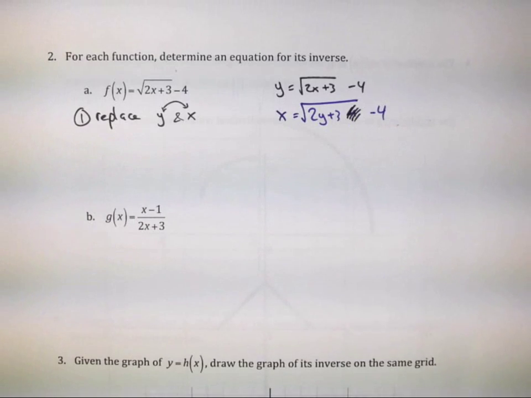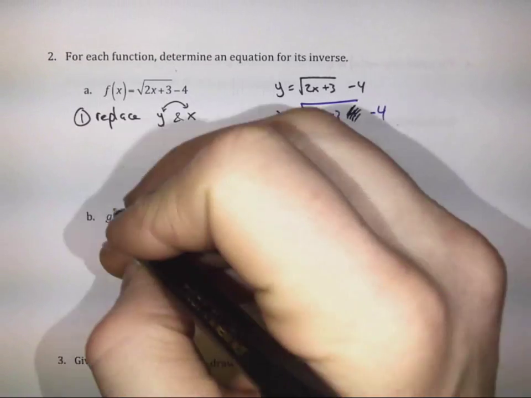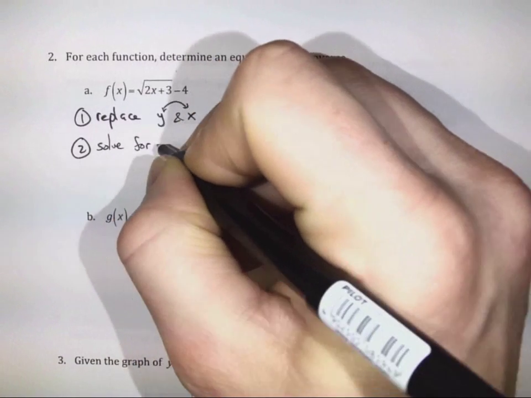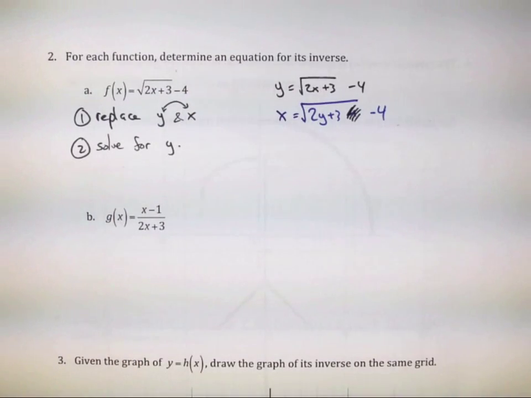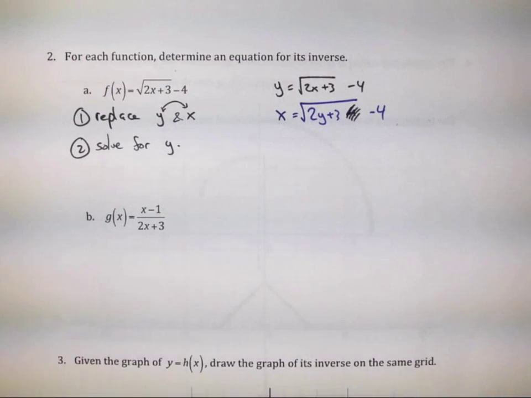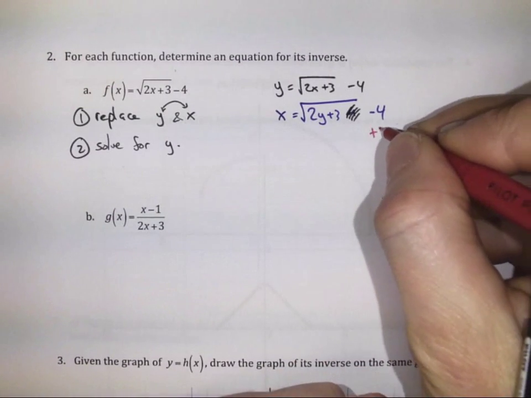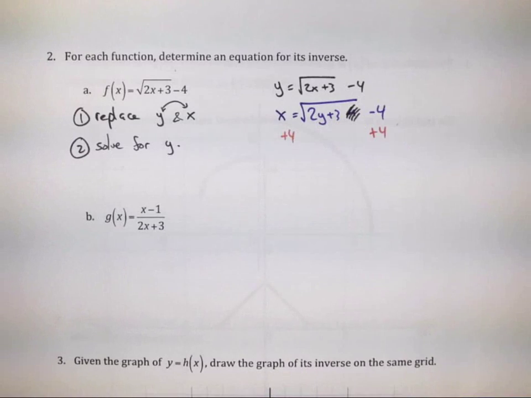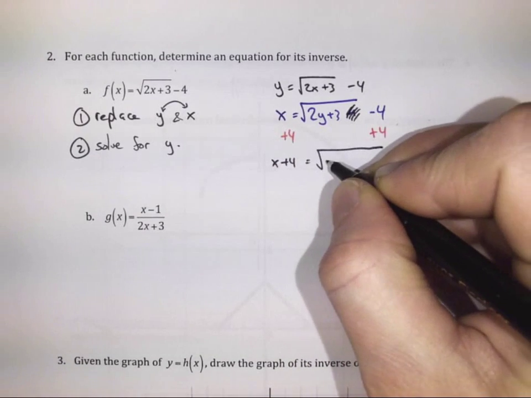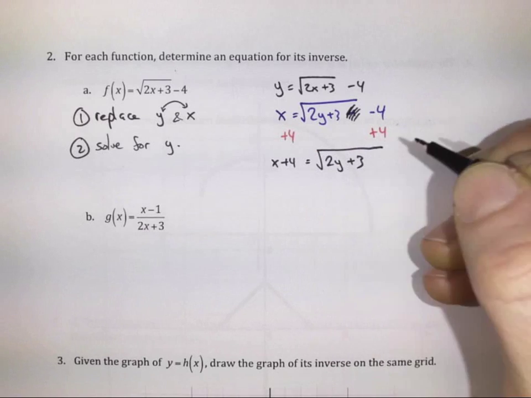Okay. Then we want to solve for y. That's going to be our new function. So we're going to start by adding 4 to both sides. And so it's going to give us x plus 4 is equal to root 2y plus 3.